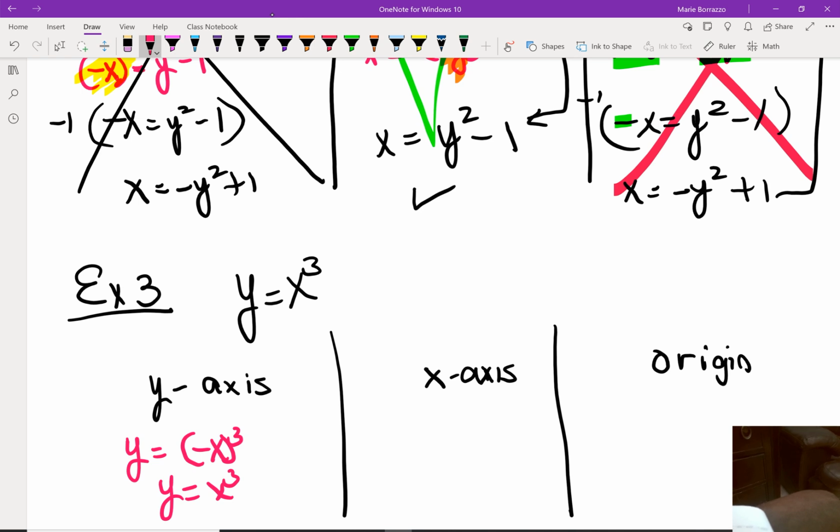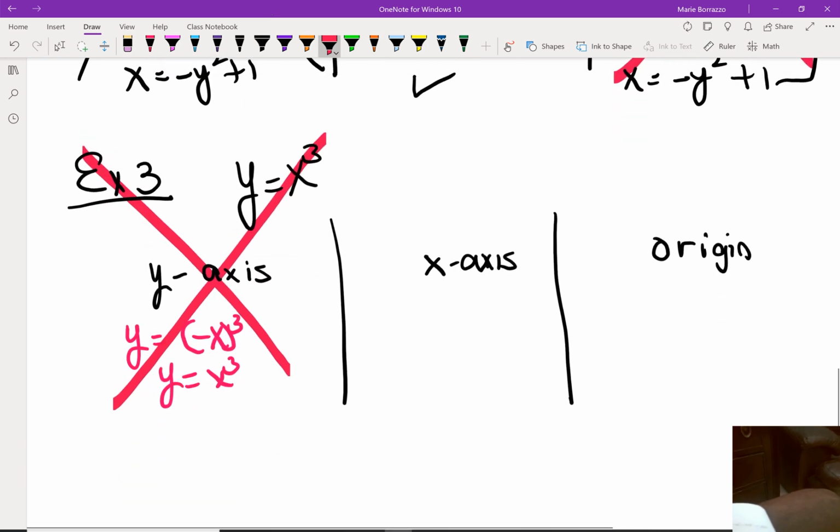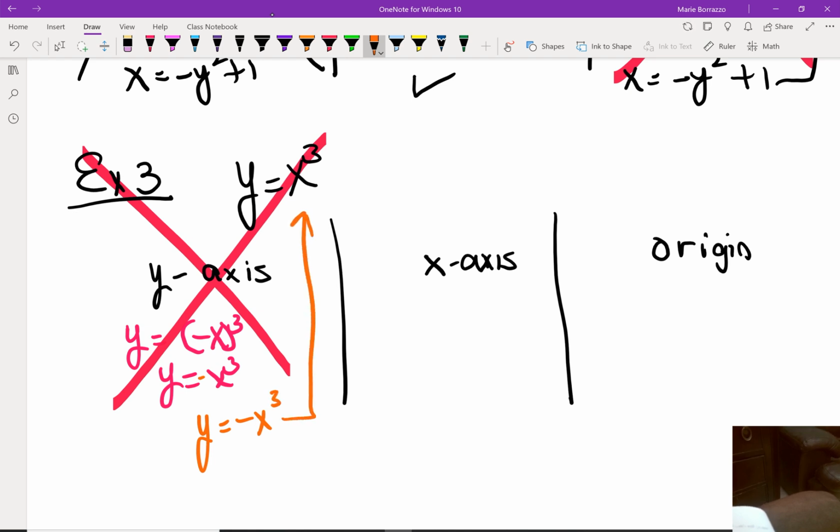So this is a graph that is not symmetric with respect to the x-axis, because this ends up yielding me y equals negative x cubed, and negative x cubed is not the same.